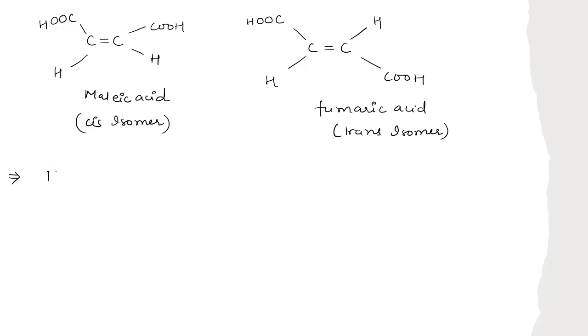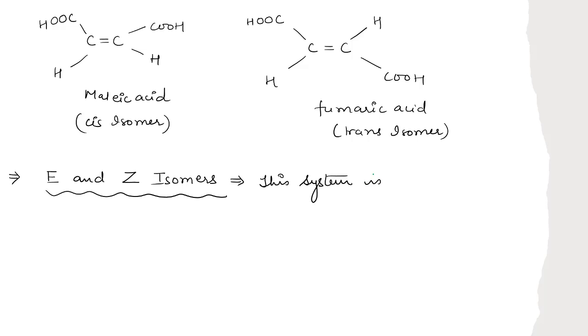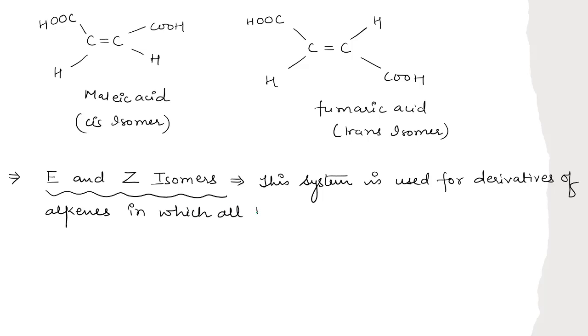Now coming to E and Z isomers. This system is used for derivatives of alkenes in which all the four substituents should be different.